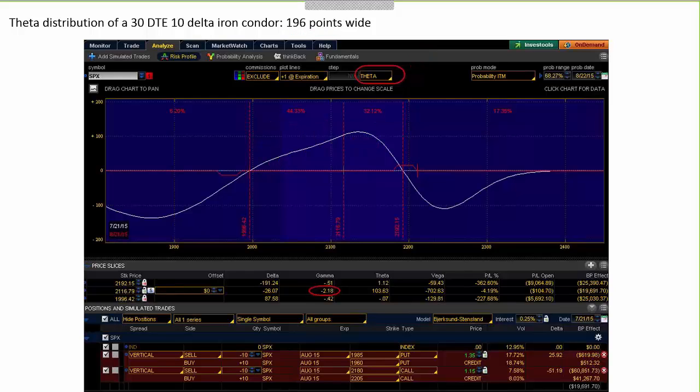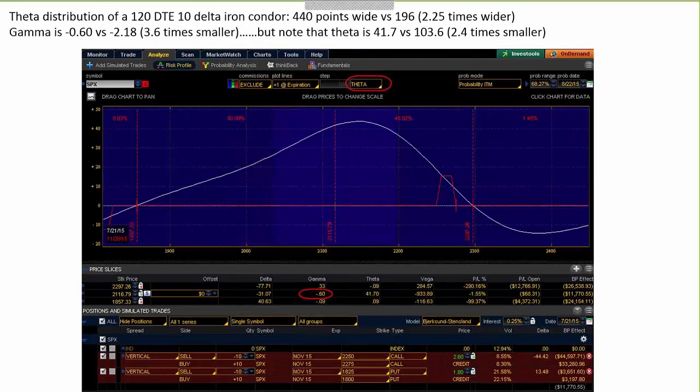What does the dangerous long-term one look like? That. This one over here, the theta distribution is now going to give us 440 points of theta distribution versus 196. That's a 2.25 times wider theta distribution with a so-called dangerous long-term iron condor than a 30-day iron condor.